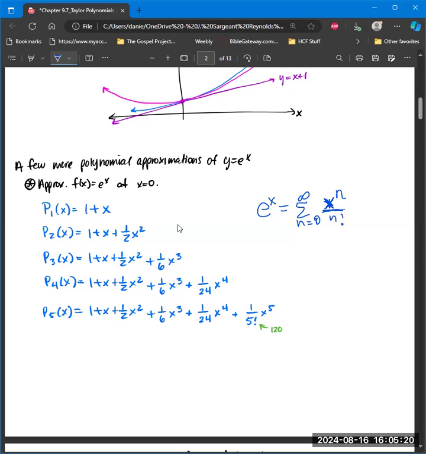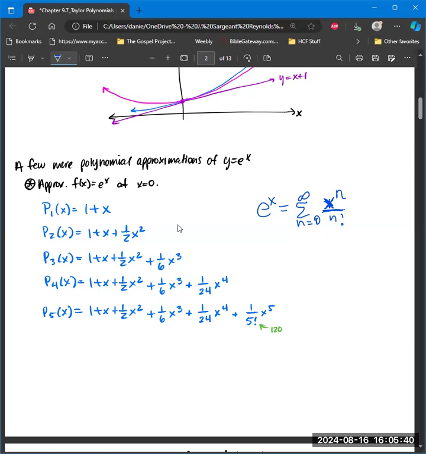So this is x to the 0 over 0 factorial is 1, x to the 1 over 1 factorial is x, x to the 2 over 2 factorial is x squared over 2, x to the 3 over 3 factorial is x to the 3 over 6, and so on. We just add all those up, x to the 5th over 5 factorial.